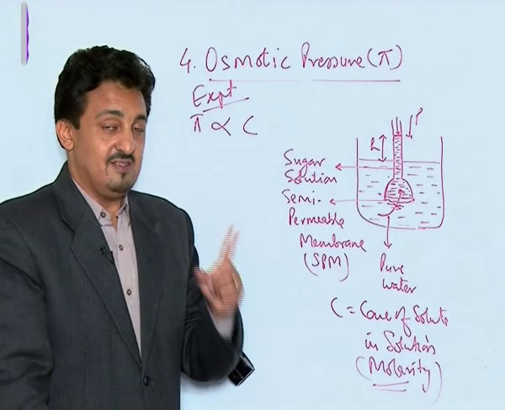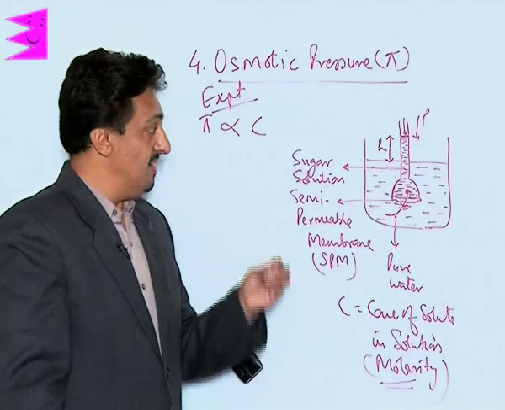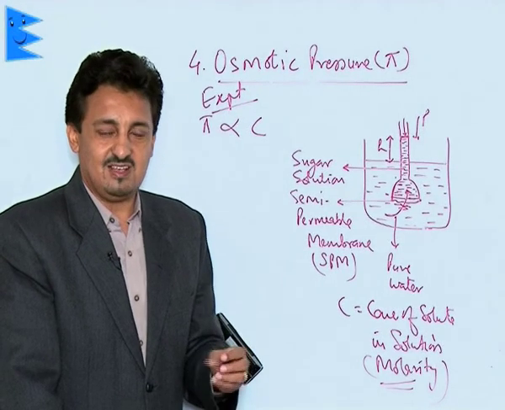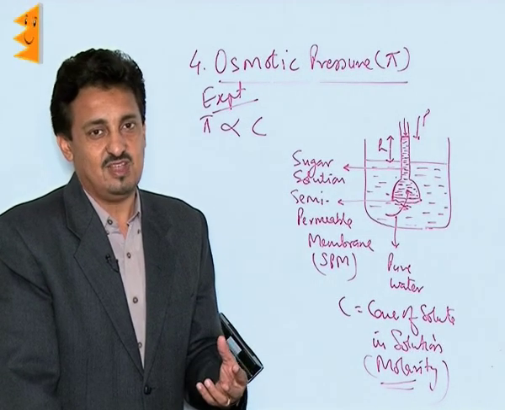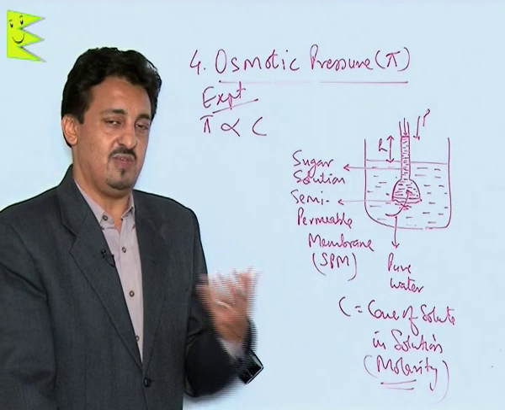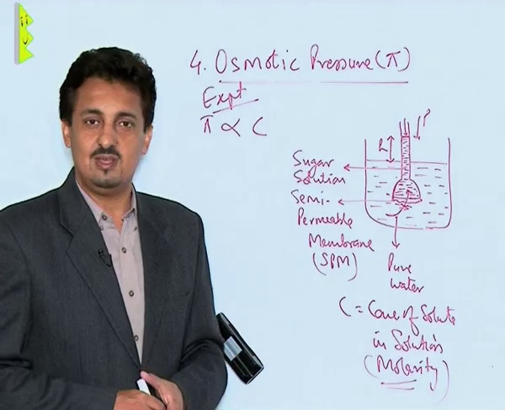And remember, this is a universal thing, that whenever in osmotic pressure numericals or in the data, the concentration is expressed in terms of percentage, it will always be mass by volume, because we have to use concentration in terms of molarity.